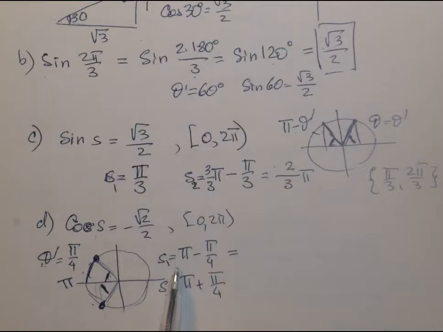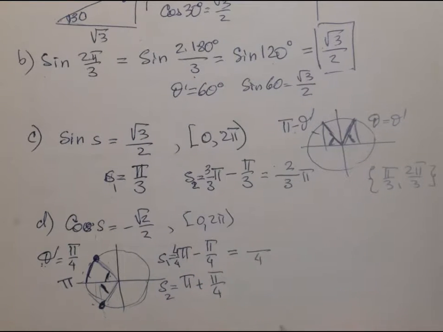So we want to add these fractions. To add fractions, we need the same denominator. So we multiply pi by 4 over 4. Now we have the same denominator, 4. 4 minus 1 is 3, so 3 pi over 4. And the second one, also we multiply pi by 4 over 4. 4 over 4 is 1, that's why we don't change anything.